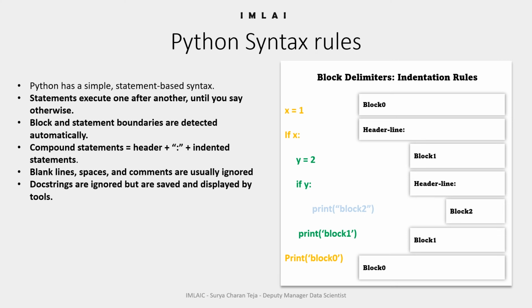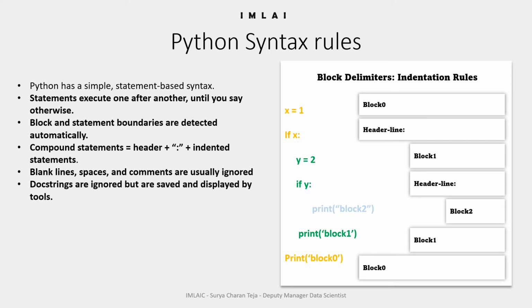Okay, so Python detects block boundaries automatically by line indentation, that is the empty space to the left of your code. That's what we call indentation. So all statements indented the same distance to the right belong to the same block of code.